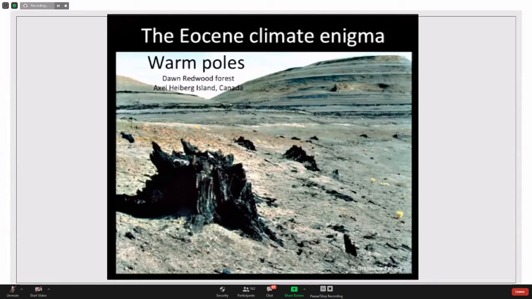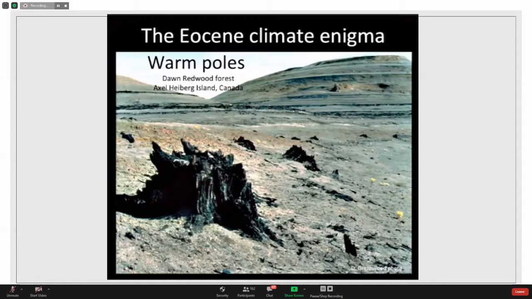All these fossils help you determine what kind of climate was there. So this is one of the major discoveries: there was no ice on the poles when the climate was that warm. And this is one of the future predictions, that the ice caps are going to melt if we increase the temperatures to what it was in the Eocene.